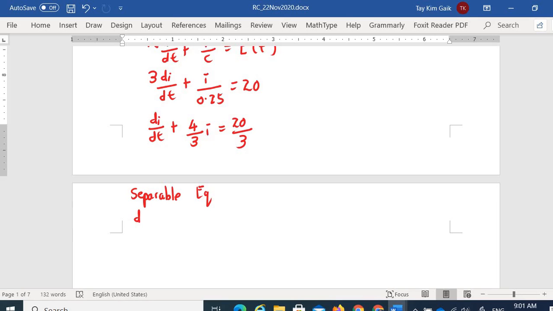If you rearrange as di dt equal to 20 minus 4i divided by 3, this is only a function of I. So the function of I, you bring to the di, and dt you bring to the right hand side.